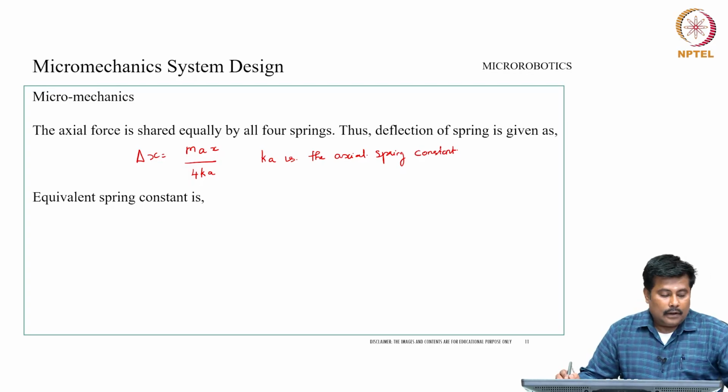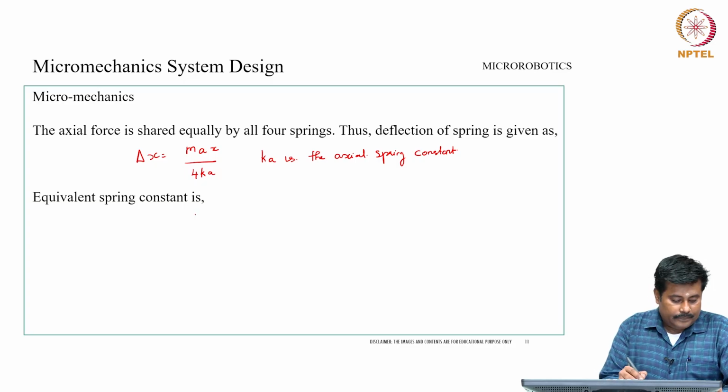Similarly, when we try to calculate the equivalent spring constant, it can be represented as Kx equals 4 Ka, which is nothing but max by del x.